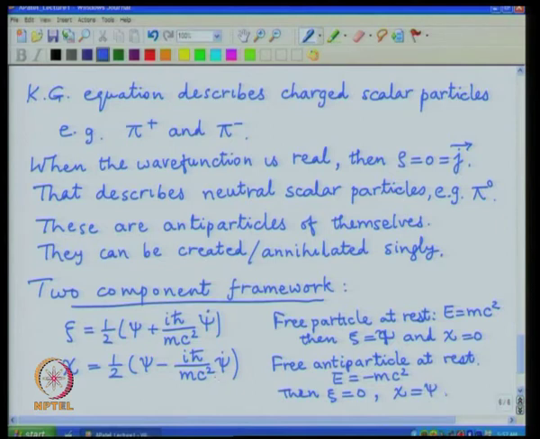So, these variables are conveniently defined so that, depending on the sign of the energy, you will have one variable or the other, which is the reason for giving these labels of particle and antiparticle to this combination zeta and chi rather explicitly.